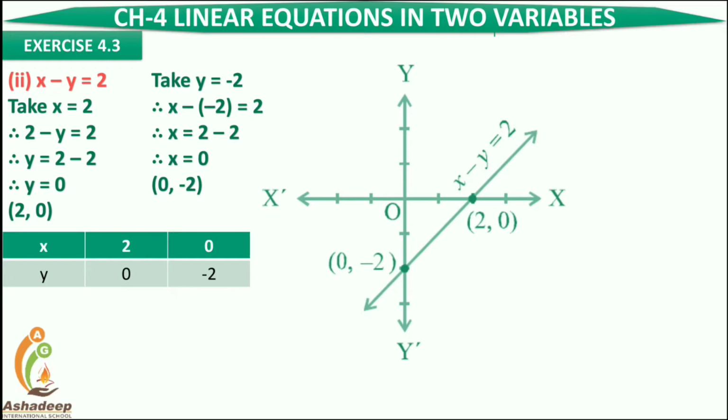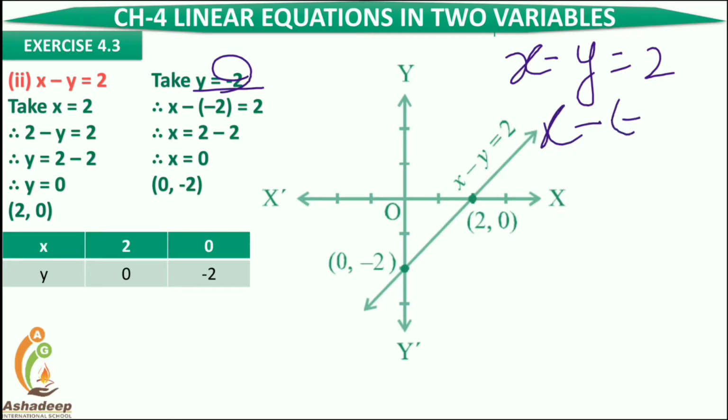Now let's move ahead. Now we'll take y is equal to minus 2. So the equation is x minus y is equal to 2. We'll take y is equal to minus 2. So x minus 2 is equal to 2. Now this minus becomes plus. So it is nothing but x plus 2 is equal to 2.